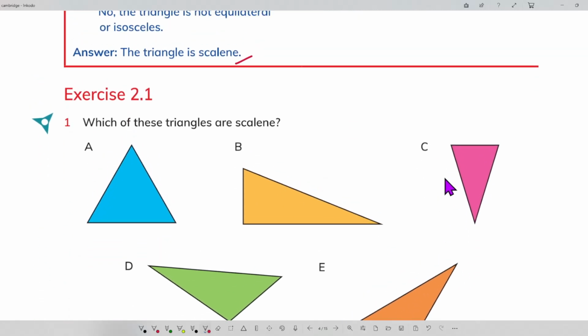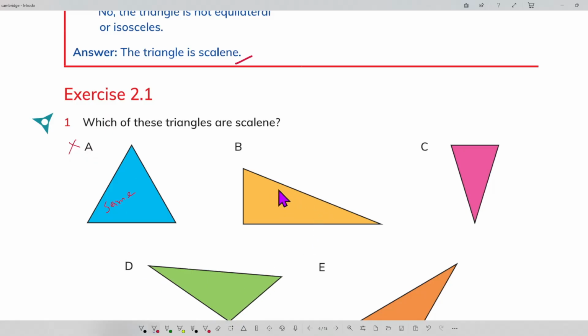Now exercise 2.1: which of these triangles are scalene? So scalene means no sides or no lines are equal. So which one? In number A all the sides are the same. So this is not our answer.